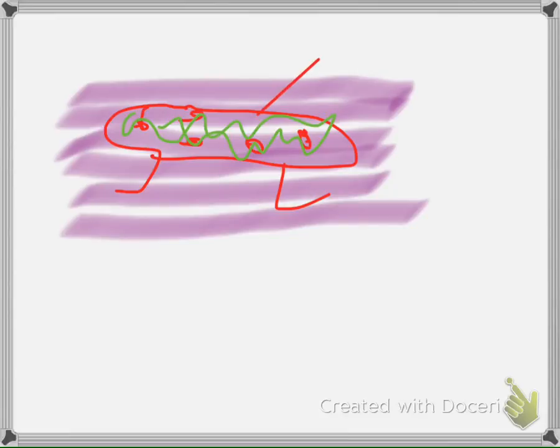Now here's our spoon. Okay, scoop. You eat tomato soup. Yum, yum, you say. Then you thank your mom for making it.